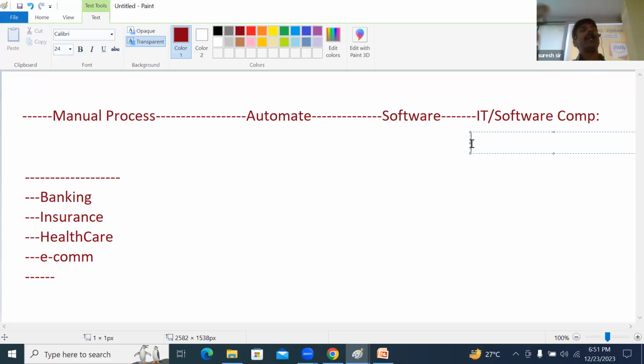Yes or no? Otherwise, rather than visiting also, as you have already documented, as your Word file is ready, the document is ready, that document can be sent on WhatsApp. My favorite option. You can send it on WhatsApp to that company's number. Otherwise, you can email it to them.